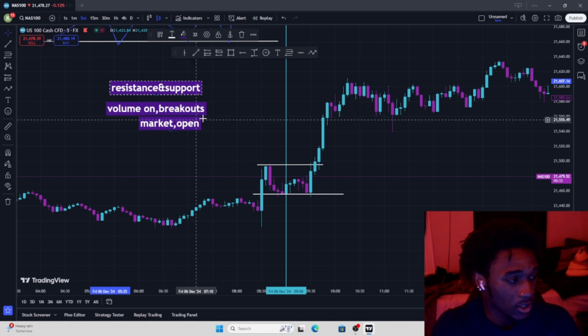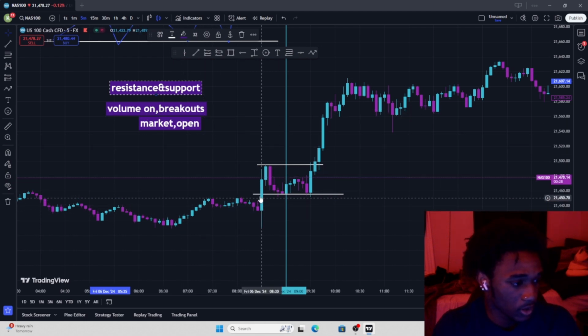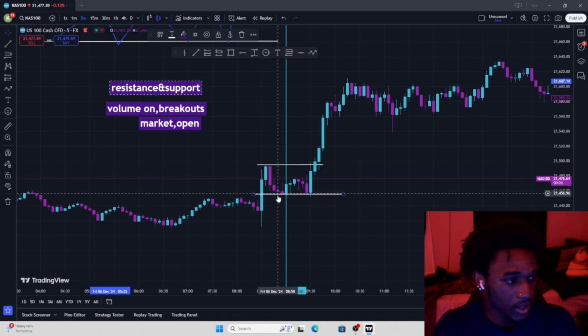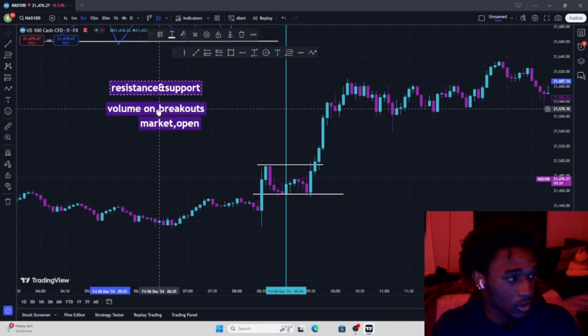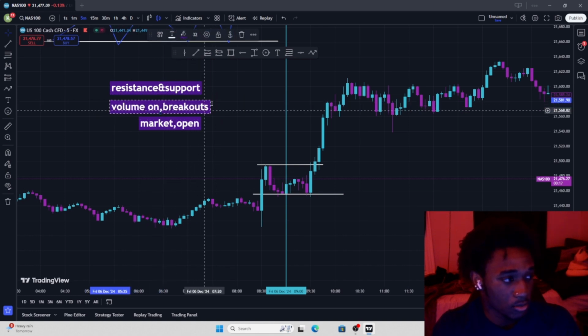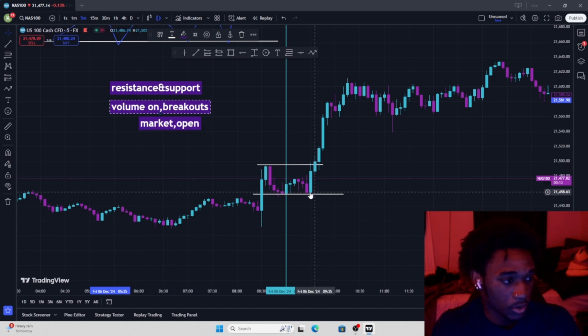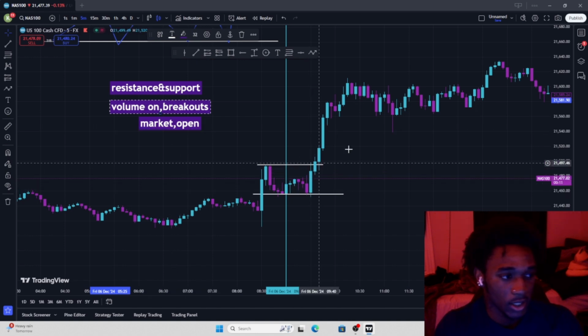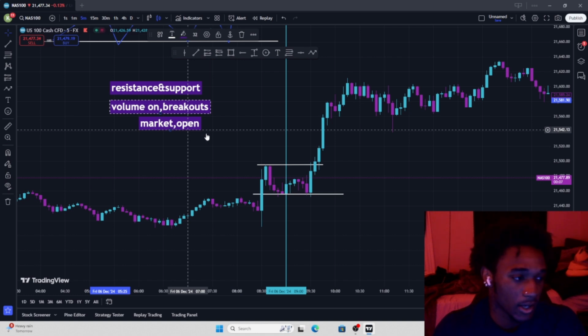The other thing we want to make sure is there's volume in the markets, right? So we have volume. As you can see, we have some good candles right here. We know we have volume. And at 9:30, we're getting a breakout with volume, right? So we already get this out of the way. We got our breakout with volume, and at market open, which is at 9:30 a.m. or anything after, but you know what I'm saying, at market open. So we know we're at the right time, right?